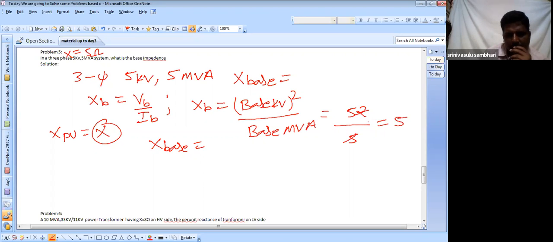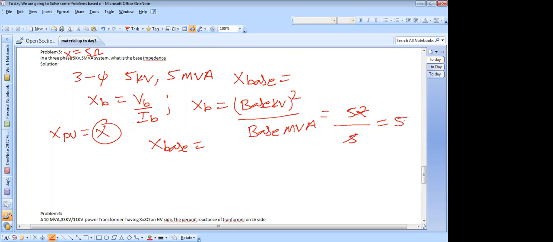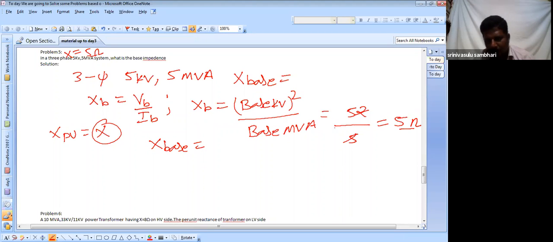Now what is the answer? It is 5 per unit or 5 ohms? 5 is constant. 5 ohms, sir. Right, it is 5 ohms. The options are also given in the examination. Option A, 5 per unit. Option B, 5 ohms. Option C, 10 per unit.